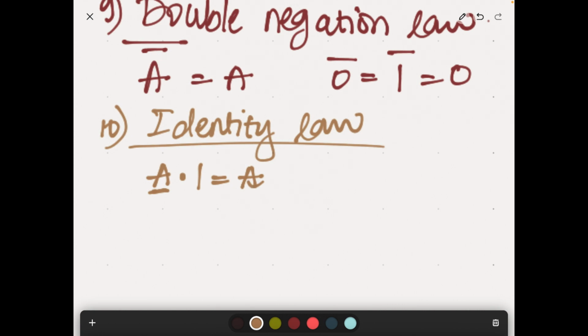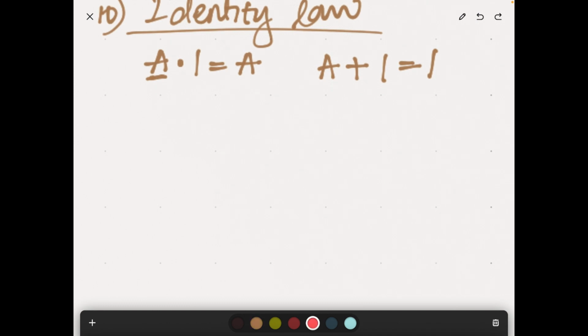If the value of A is 1, then the answer would be 1. Similarly, in this case, A when you OR it with 1 is going to give you 1 regardless. Meaning, if A is 1 you get 1, and if A is 0 you still get 1.